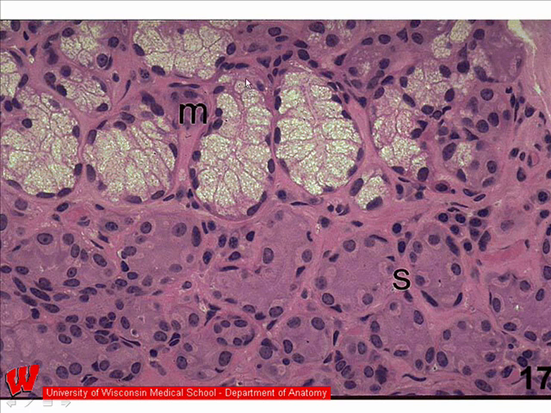Note that these are easily distinguished because the mucus adenomiers contain this light staining material, which is mucus ready for secretion into the mouth. And the nuclei of these adenomiers appear flattened along the basal surface of the epithelium.